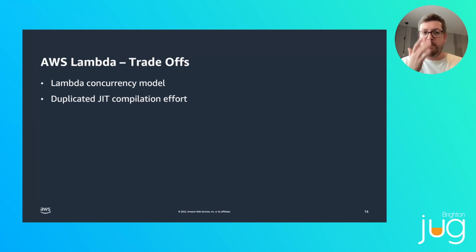The trade-offs in particular for Java and Lambda is the concurrency model, where one request that comes into a Lambda function equals one virtual machine. And if you have another request at the same time, then another virtual machine will be created.